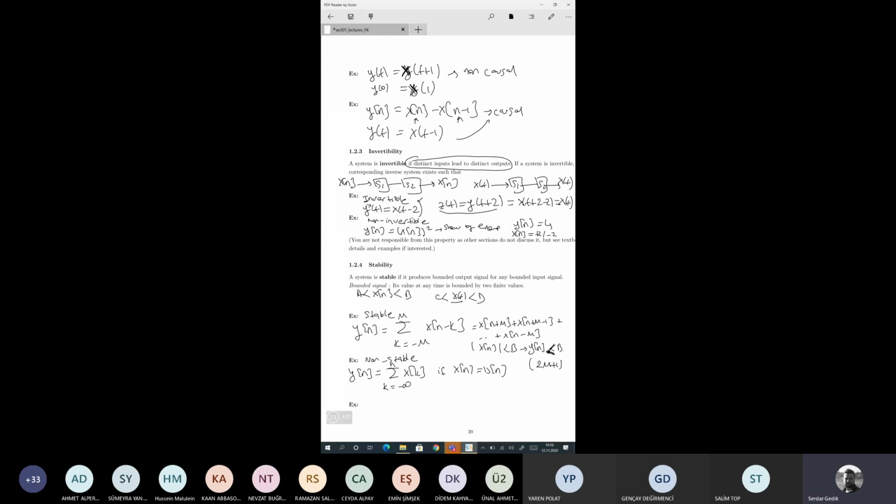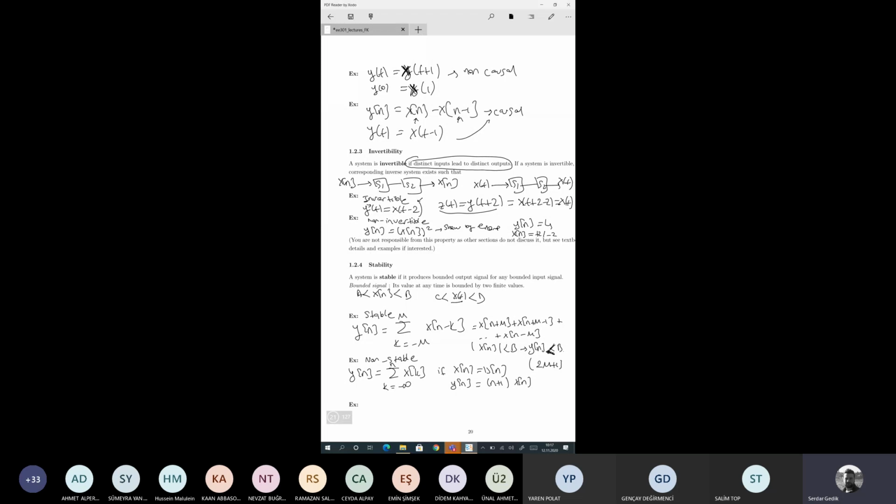In that case, y of n is simply n plus 1, since it sums the samples from 0 to n because the negative values are 0.